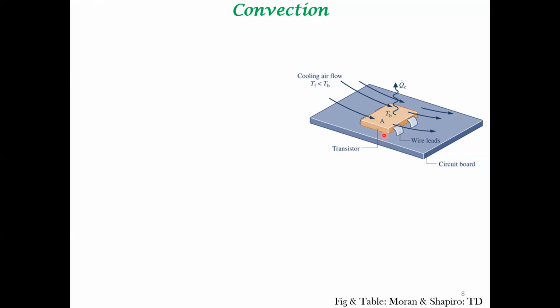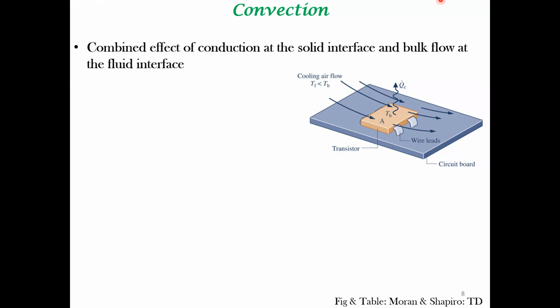Here this is at a high temperature, and the bulk is at a lower temperature. Because of the temperature differential and the flow of a fluid, in this case air, there can be heat transfer from this electronic component to the surrounding environment.